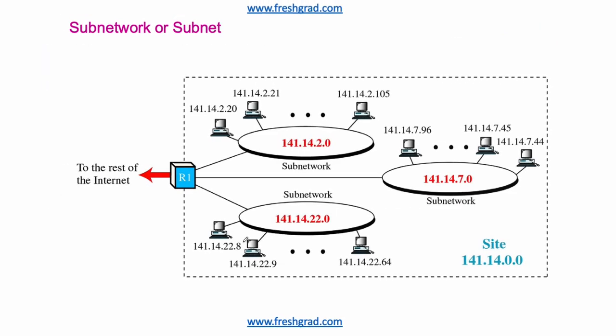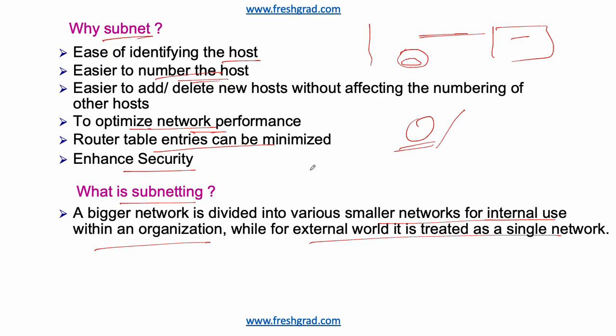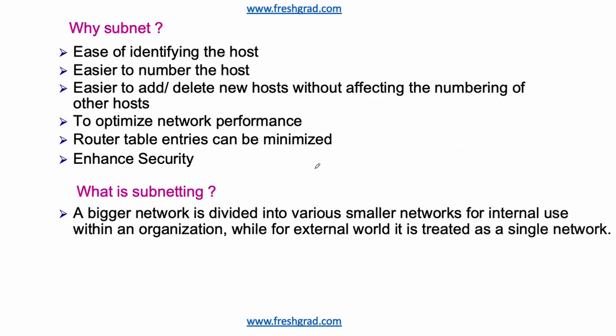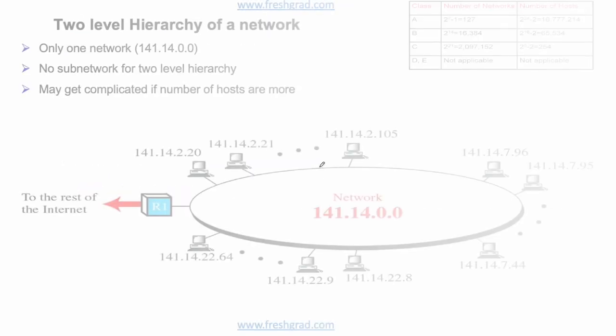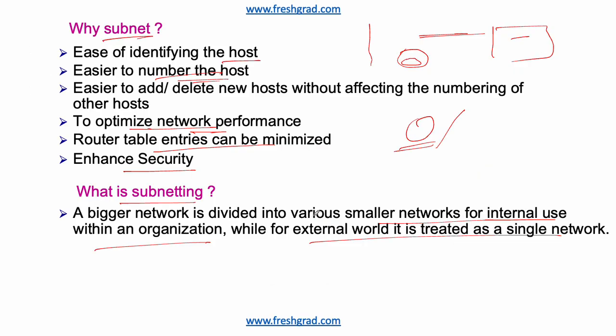Let's take a look at a similar example. We just saw 141.14, if I go back to this slide. 141.14 is our network ID. Now, it's a little bit complicated, right? It's not organized. But after subnetting, what happened?